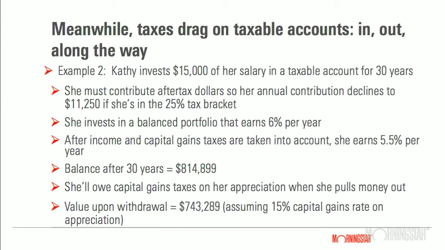She's already been taxed on that money, but she is taxed on any appreciation in her accounts when she begins pulling the money out. So after those taxes are factored in, that takes her balance down to about $740,000, about $150,000 below what Emily was able to earn by using her tax-sheltered account.